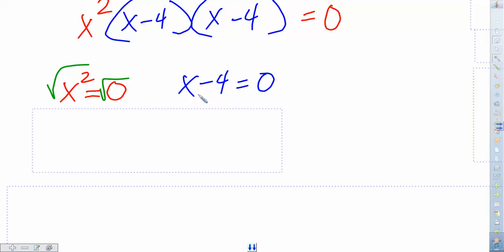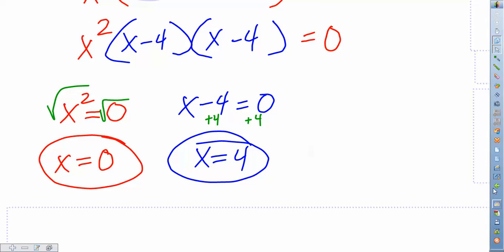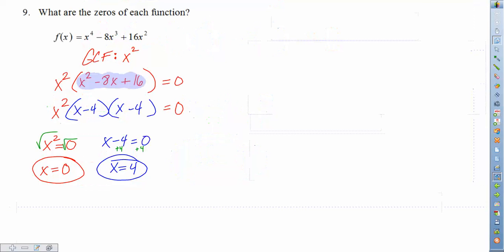How would I solve this problem over here? Wouldn't I just need to add 4 to both sides? And so that would lead me to a correct answer here of 0 and 4. What's awesome about this problem is that we just got 4 as an answer twice. Actually, we got 4 as an answer twice, and we got 0 as an answer twice.